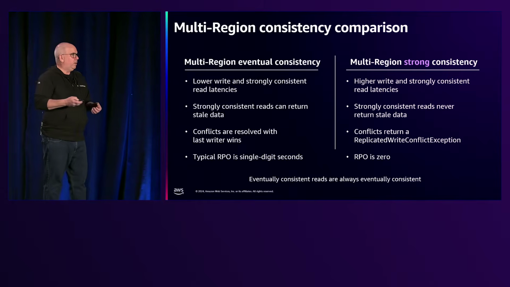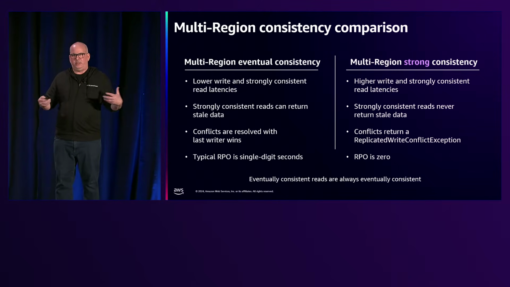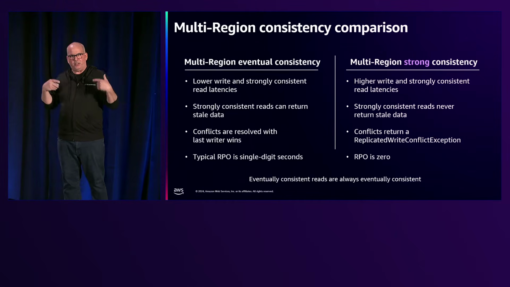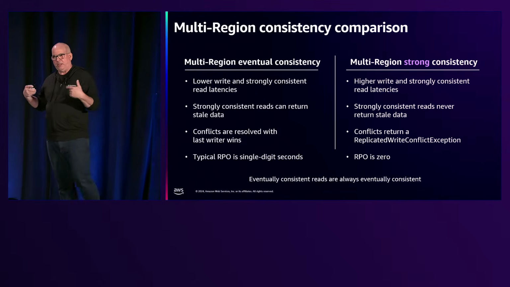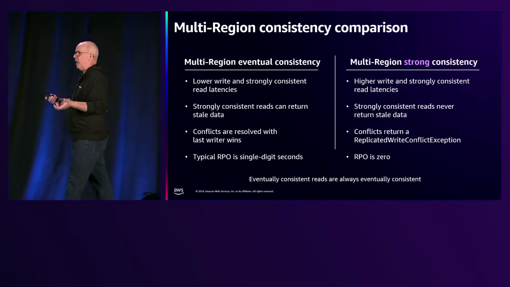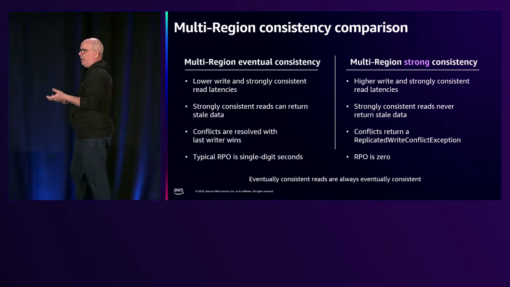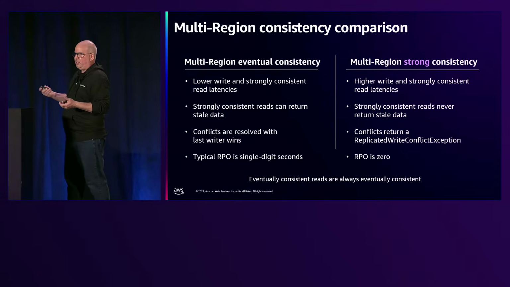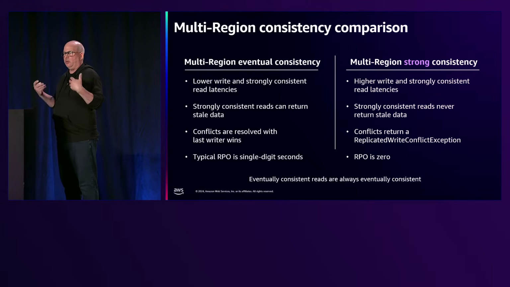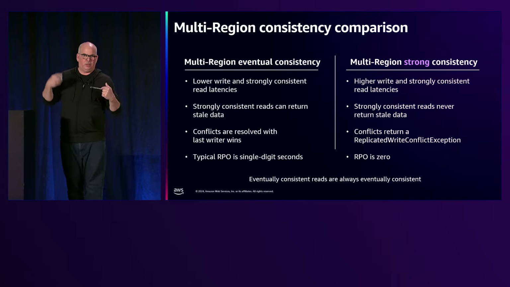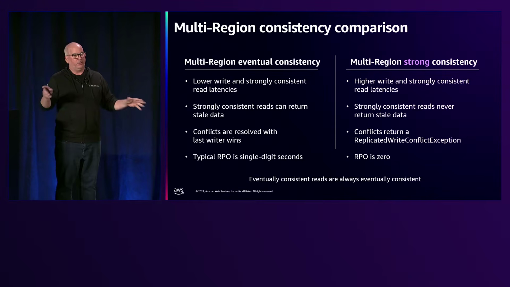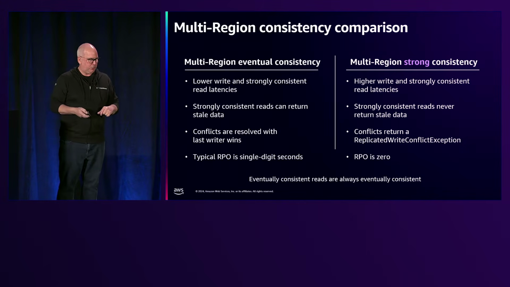And so we have to figure out what do we do if somebody updates the same piece of data in two different regions at the same time? How do we resolve the conflict that can result from that? And in multi-region eventual consistency, we use an approach called last writer wins, which means from the timestamp wall clock, whatever the actually last accepted update was, is the one that the rest of the global table eventually converges to.